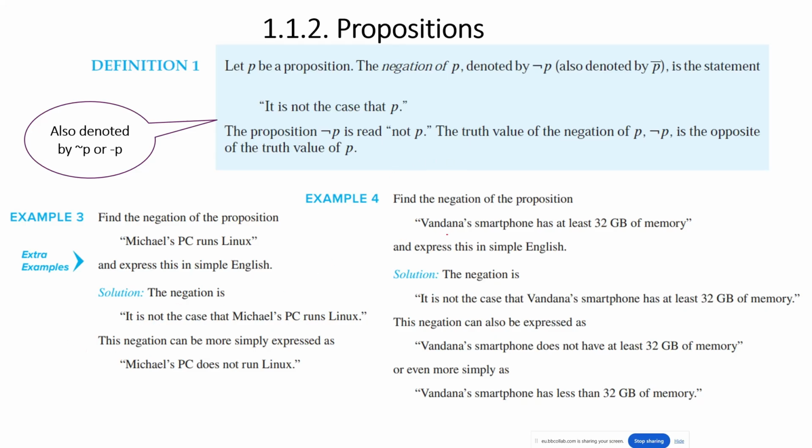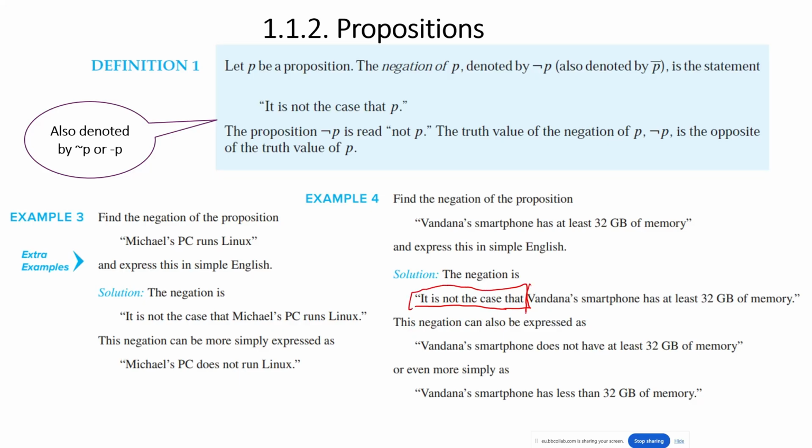What about this: Vandana's smartphone has at least 32 GB of memory. Same thing, the negation of it. Sometimes the easiest way is to negate something without changing the rest.